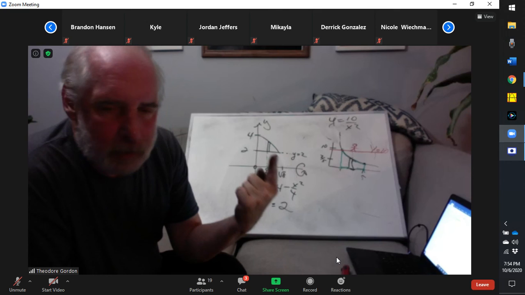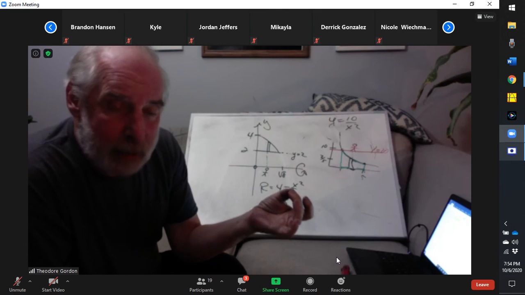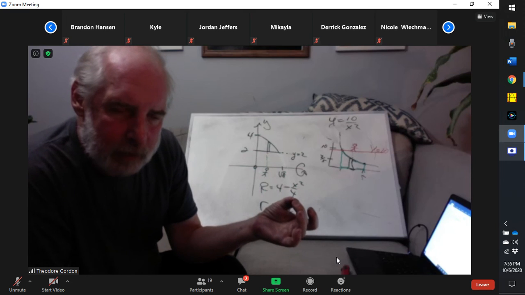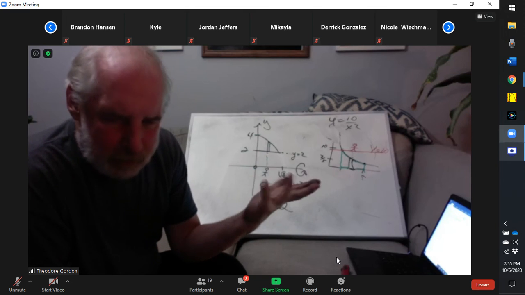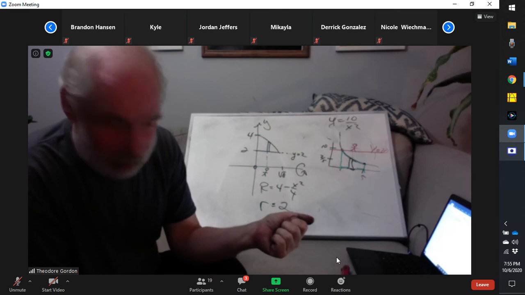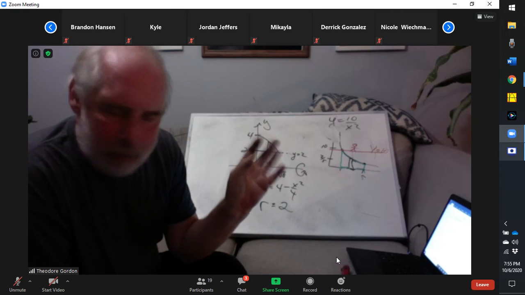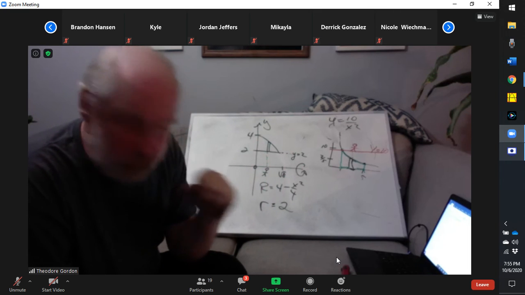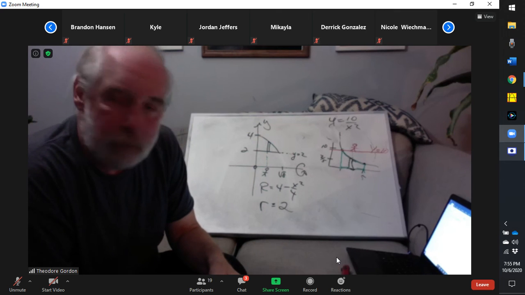I'm sending it as a Word document, like the one you're looking at. I'm also going to make a PDF version of it because I've been hearing from some people they sometimes have trouble seeing the equations on a Word document. In the test instructions will be everything: where to email, how to email, and when the due date is.